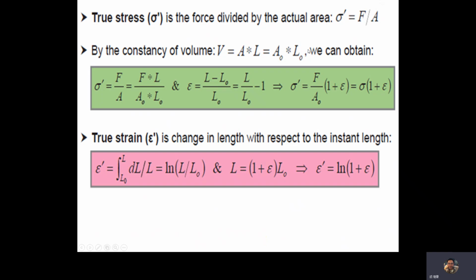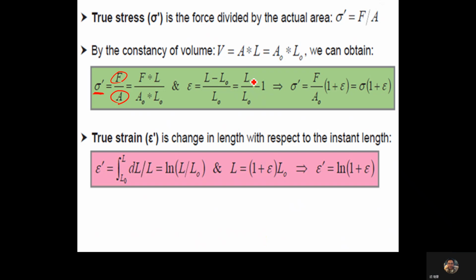The true stress is equal to the force divided by the instantaneous area, and this area keeps changing during the tensile test. And we know that no matter whether you consider engineering or true, the volume of your sample is constant.